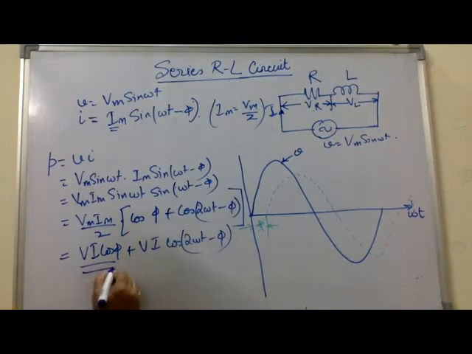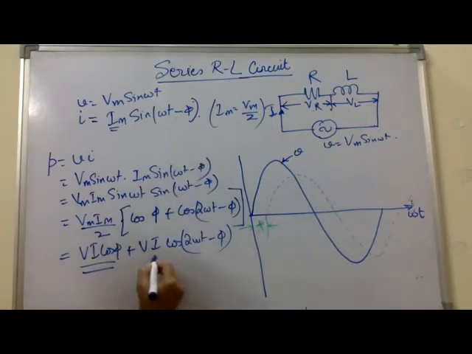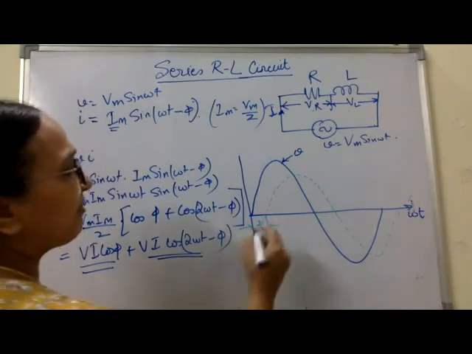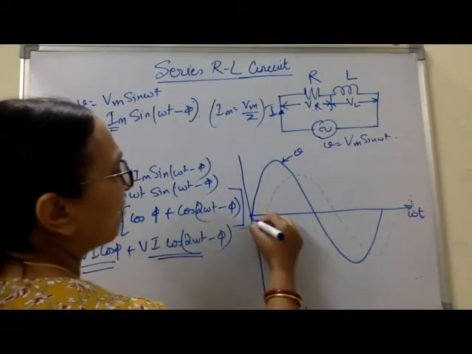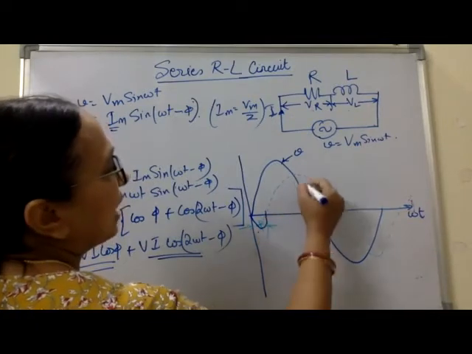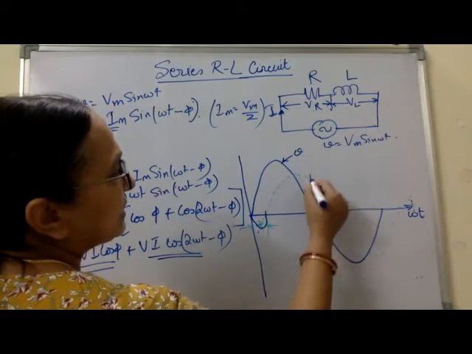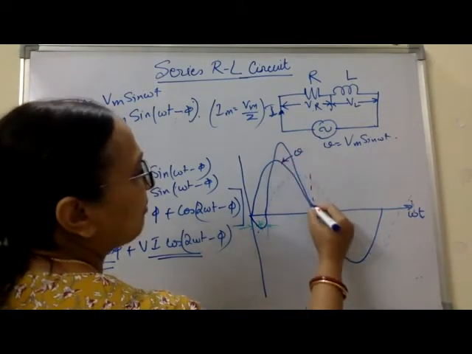This means this is the active power being consumed in the given circuit, that is VI cos phi, and this is the reactive power which is present in the circuit and oscillating at double the frequency. Now over here, as we have done before, when the voltage is positive and the current is negative, the power will be negative. Till the voltage is positive and current is positive, the power will be positive.